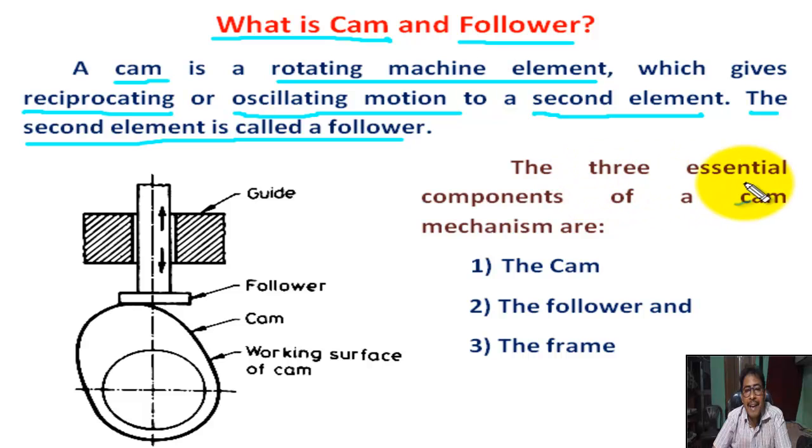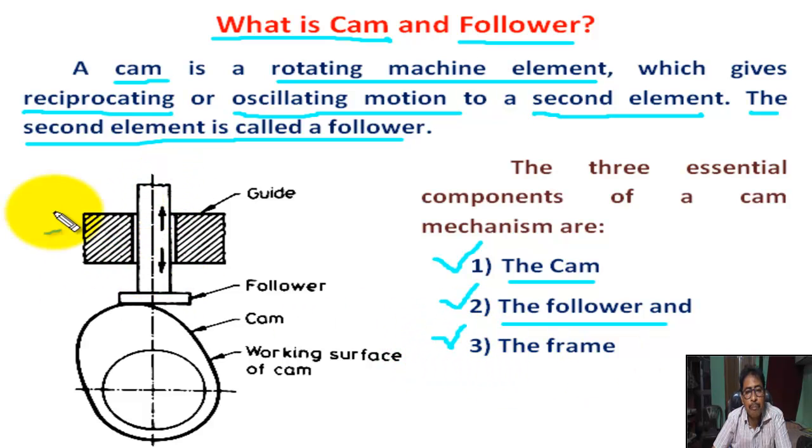The three essential components of a cam mechanism are: number one, the cam. This is the cam. Number two, the follower. This is the follower. Number three, the frame or guide.